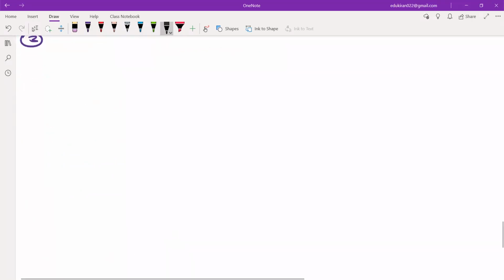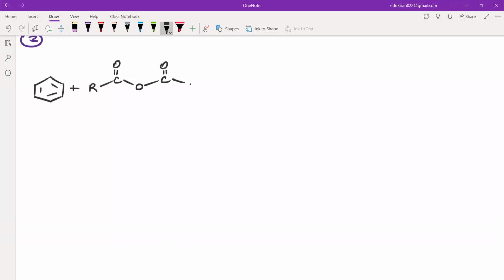So when I use acid anhydride, I will have the benzene ring to be the same thing plus R C double bond O oxygen C double bond O and then some other R group. Again, this will also be in the presence of AlCl3. So here what happens?